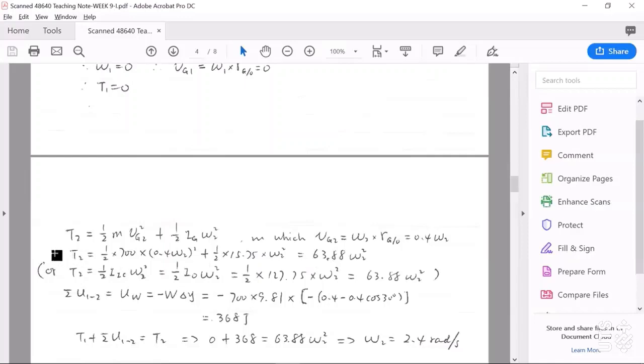So the final kinetic energy, T2, is equal to 63.88 omega 2 squared. To calculate T2, we can also select this IC point. This IC point is the point O. We can get the same result.